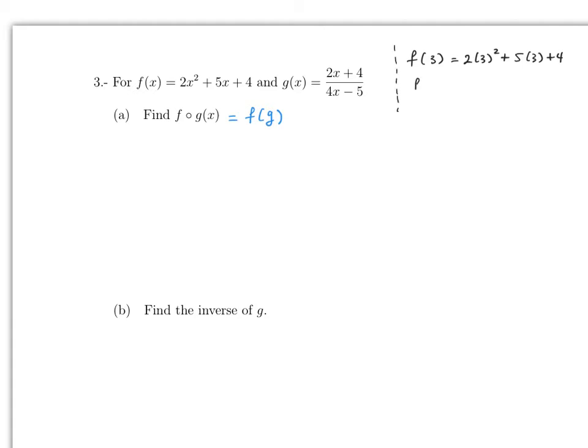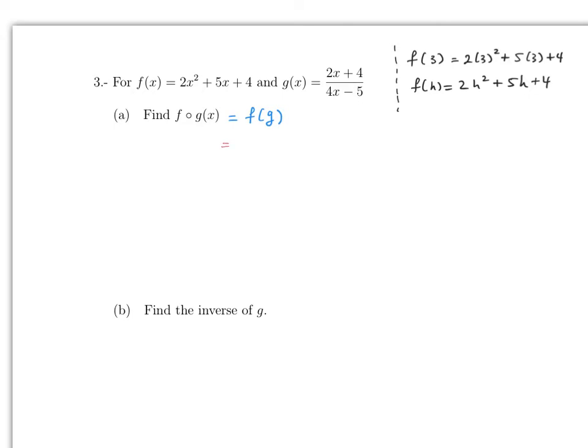If I were to ask you to find f of h, then this will be 2h squared plus 5h plus 4. You cannot simplify this anymore because you don't know the value for h. So this is kind of what we're going to do.